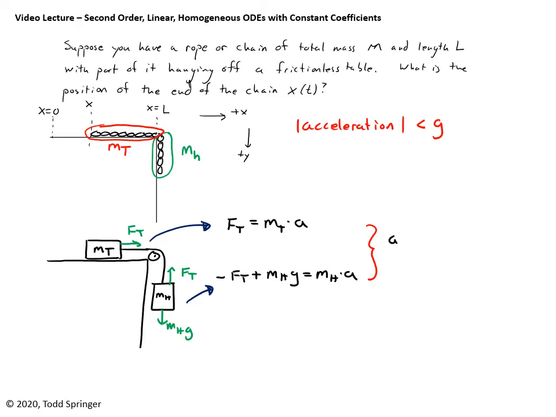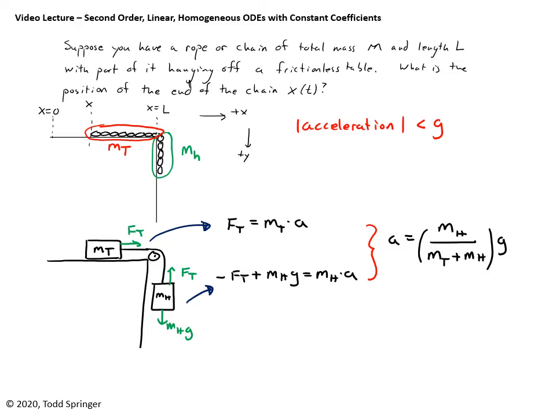I get a is equal to m_h, the hanging mass, divided by the total mass, which is m_t plus m_h, times g. So it's not equal to g, it's actually less than g because the numerator is smaller than the denominator.